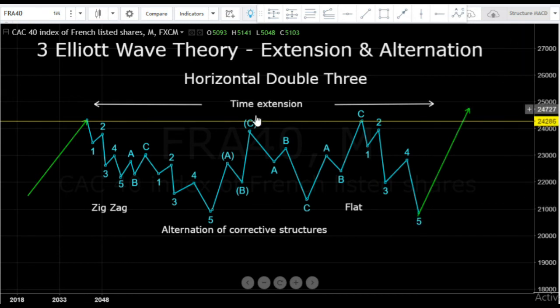So these are basically time extensions as opposed to the price extensions that we saw in our impulse. This is a time extension.